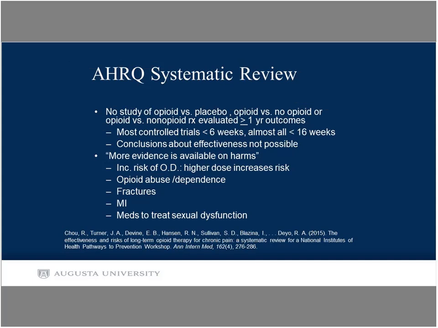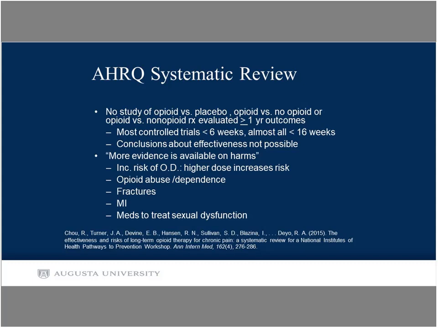Most of the RCTs that were in the systematic review had outcomes of less than 6 weeks. Almost all of them had outcomes of less than 16 weeks. So no one knew what the long-term outcome of long-term opioid treatment was going to be.